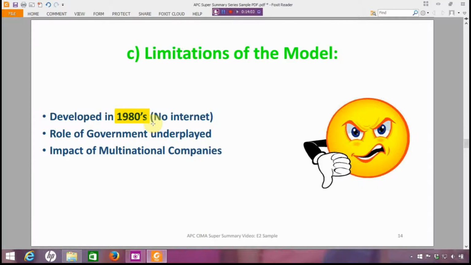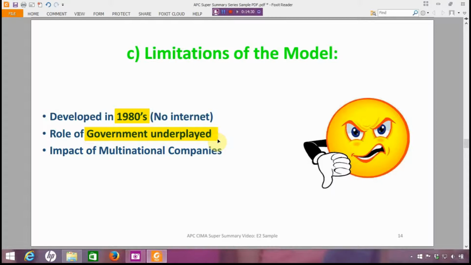I still think it does have its uses, and certainly your CIMA E2 examiner uses it regularly. But if you were asked to criticize it, I would certainly say that it's geared towards product-based, perhaps 1980s style businesses rather than current businesses that can exist in the cloud, for example. The other point that I think is important is that the role of government is underplayed within the model.